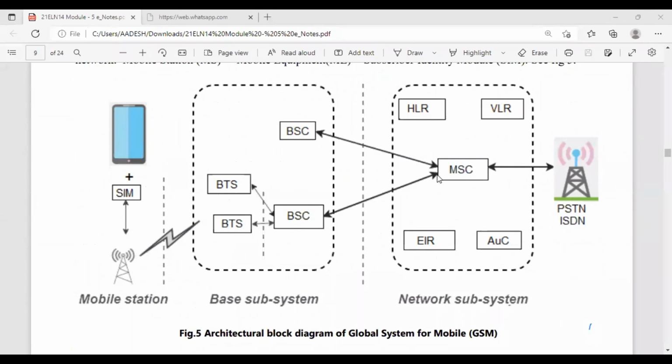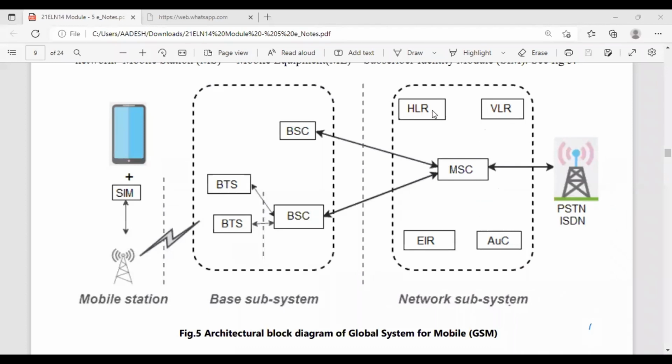In the MSC we have some registers that perform certain operations: the MSC maintains the home location register, the visitor location register, the equipment identity register, and the authentication center.